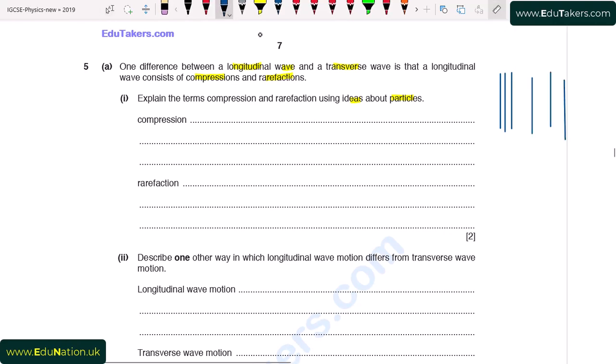So it's a longitudinal wave. We can see that this portion where the particles are closer to each other is compression, while this portion where particles are further apart from each other is rarefaction.